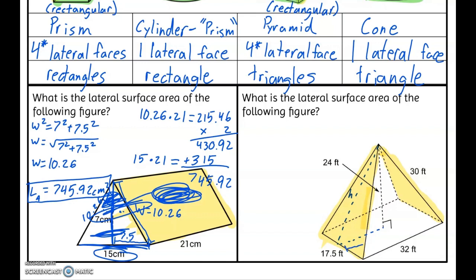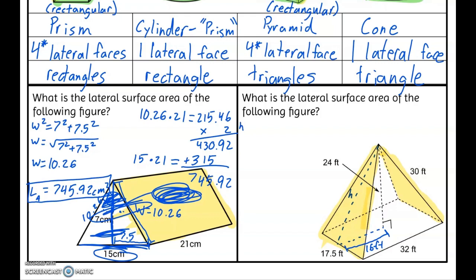So this bottom part right here, we do know, because it is right in the middle here. So we're going to take 32 and divide that by 2. So the base of this triangle is 16 feet. Now we have enough information to find the height of this triangle. Again, we're going to have to do Pythagorean theorem. We're going to have to do that a lot.